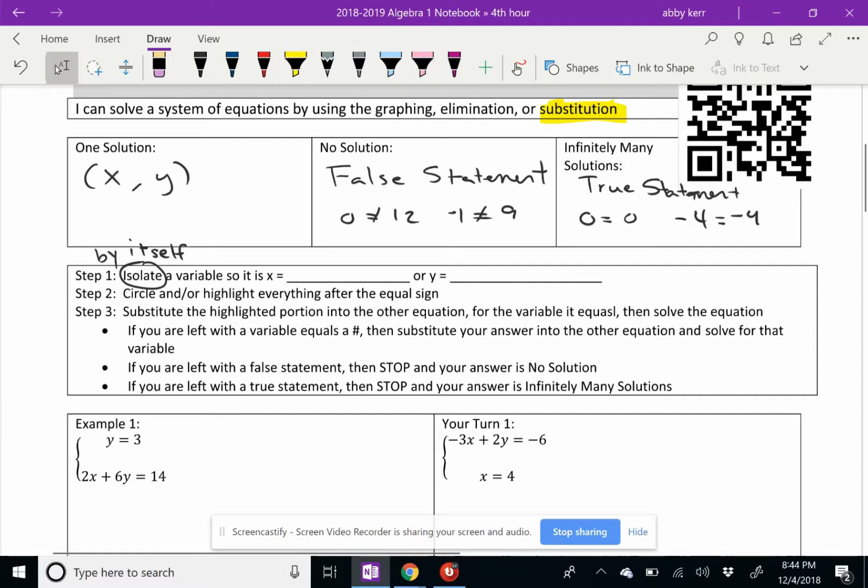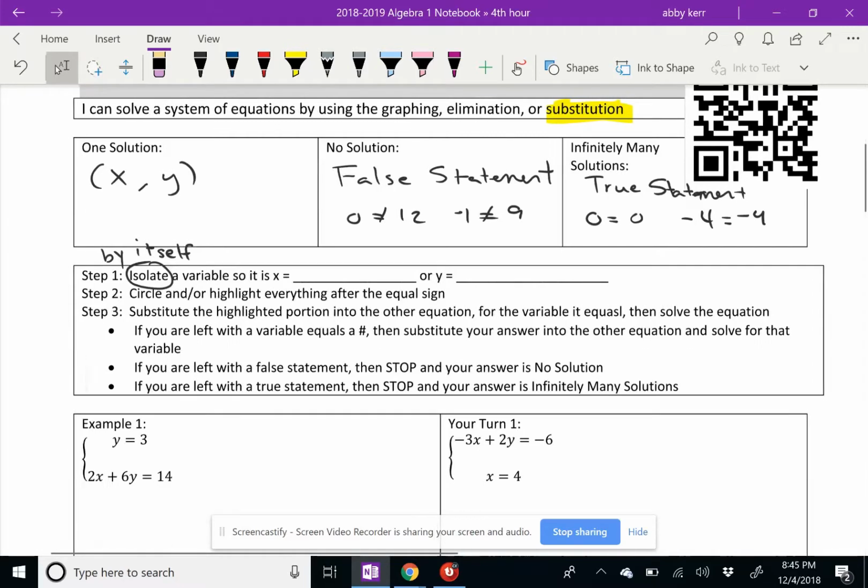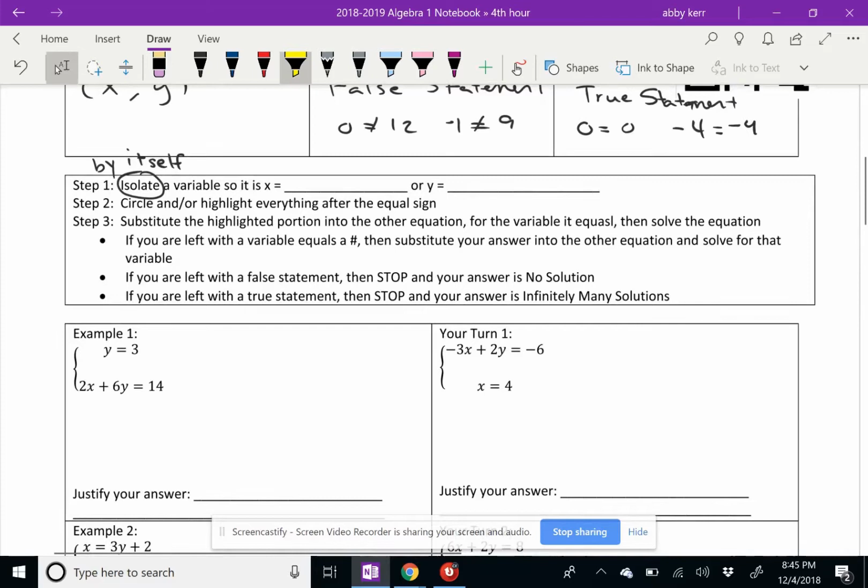It's going to probably become a multi-step equation. And then once you're done with that, you're going to plug it back into the first equation that you dealt with.